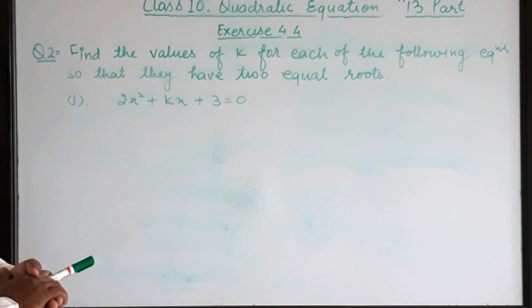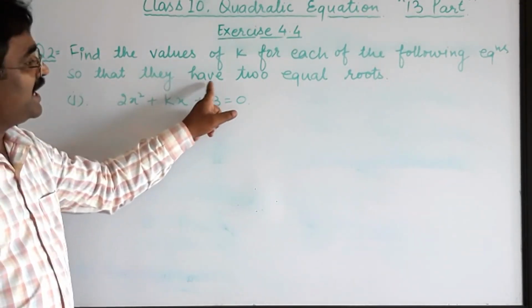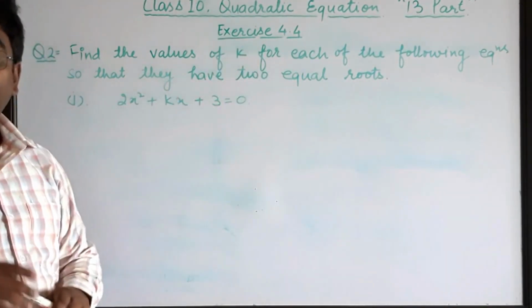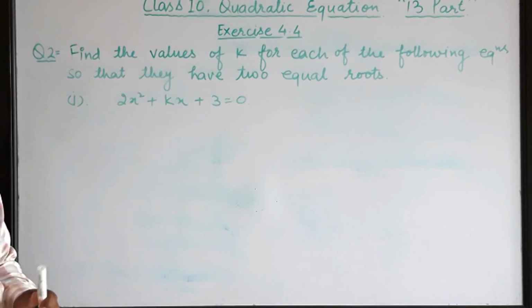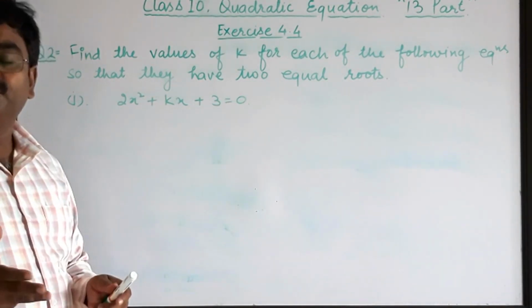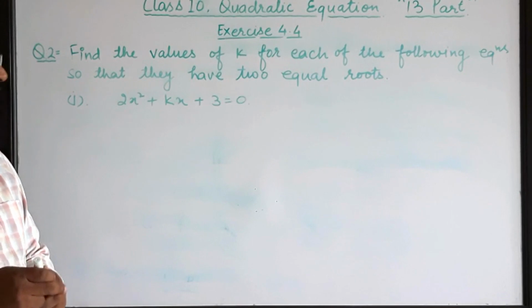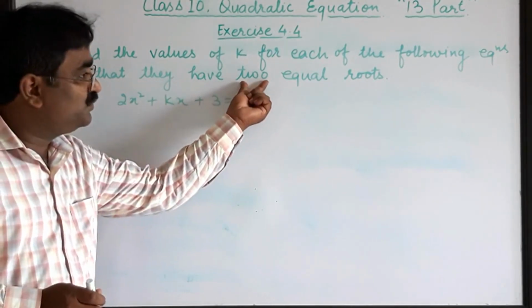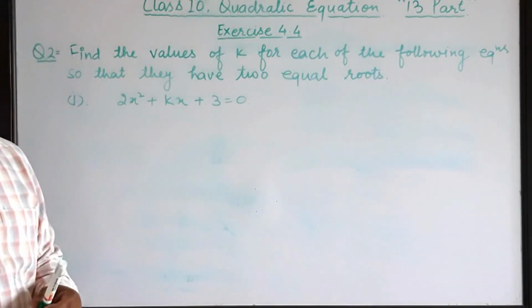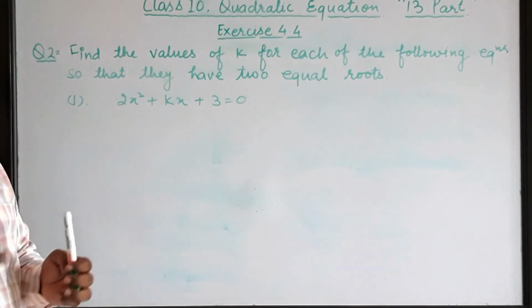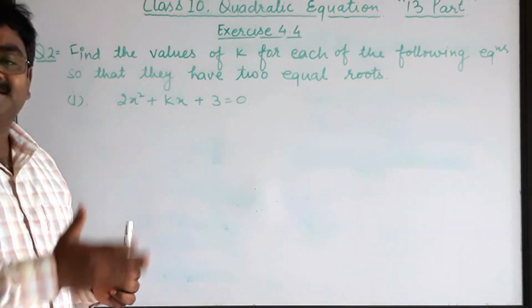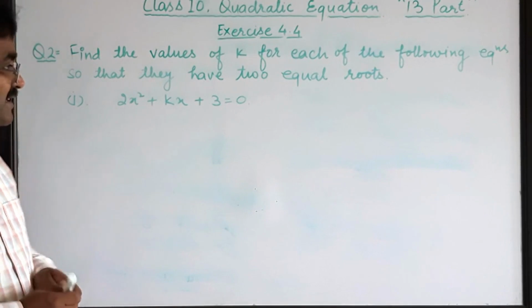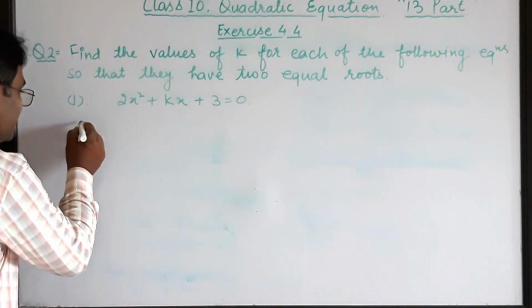As in the question it is given that the equation has two equal roots. So first of all we have to learn what is the condition, what is the nature of roots, that the nature of roots are two equal roots. So what will be the value of discriminant, as discriminant decides the nature of roots.